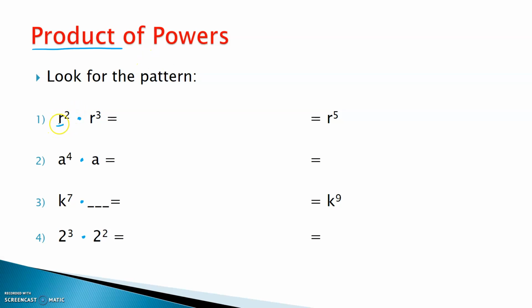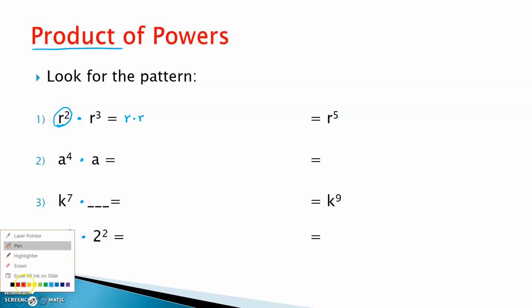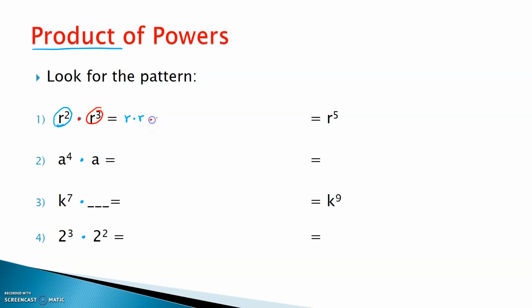R to the second means r times r. Then I multiply it by r to the third. What's r to the third? R times itself 3 times. How many r's do I have in total? 1, 2, 3, 4, 5 r's being multiplied together. So we're going to say r to the fifth power.